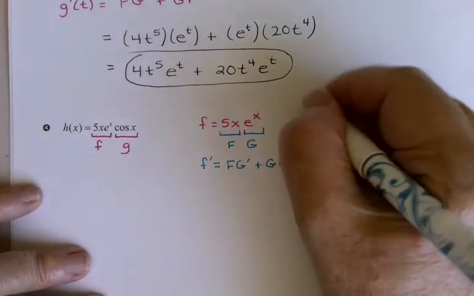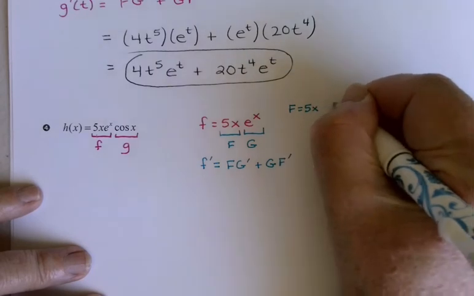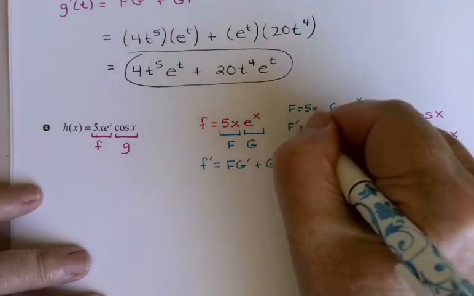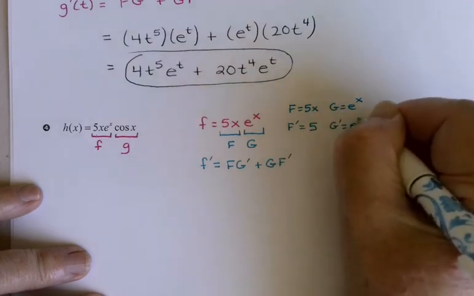And let's see. Capital F is 5x. Capital G is e to the x. So F prime here is just 5. And G prime is still e to the x.